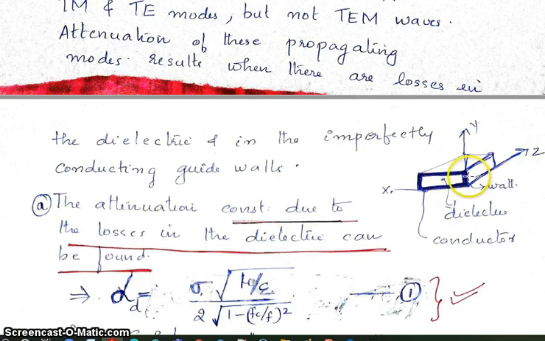The darkened portion represents the wall of the conducting medium, and the portion in between the walls represents the dielectric medium. So the attenuation is mainly caused by the imperfect conduction of the conducting wall and by the losses in this dielectric medium.